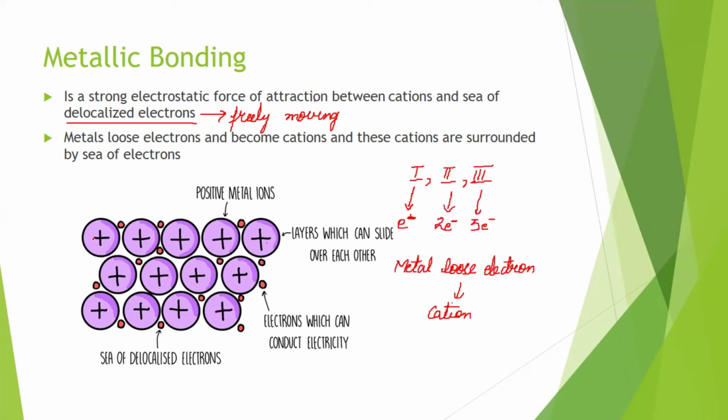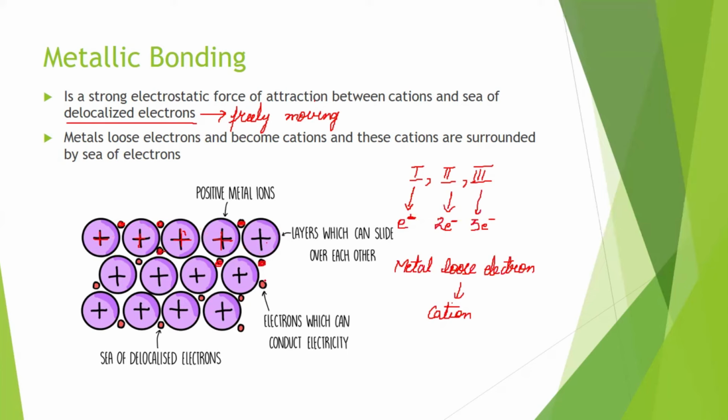So this is a cation that is formed here, by losing electrons. The electrons which are lost are surrounded by cations and they are freely moving.